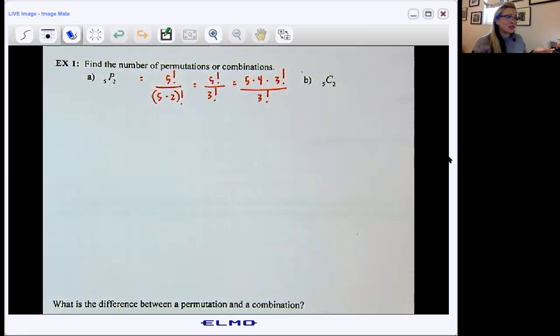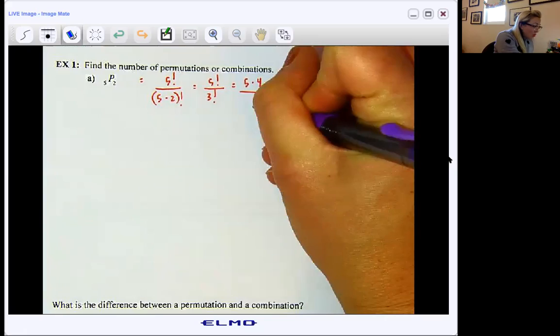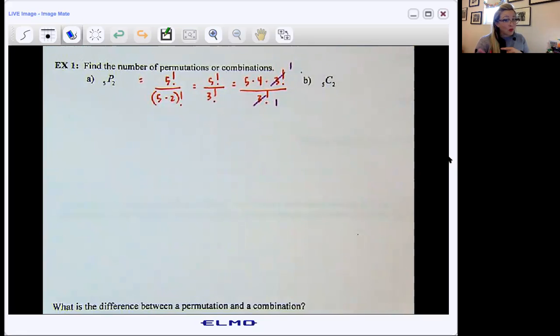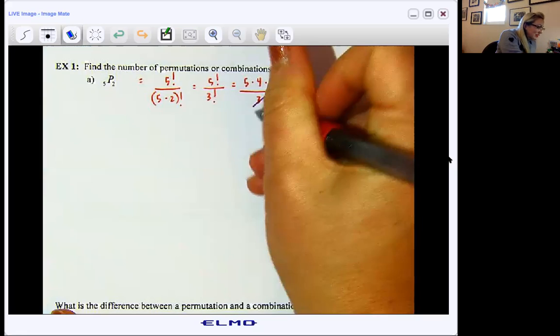I can write that out as 3, 2, 1, that's fine. I'm just using that 3 factorial as a time saver. So if I see 3 factorial over itself, that just reduces to 1. So it's really just 5 times 4. And that makes sense, right? I have 5 students who could be my leader. And once I filled that slot, now I have 4 that can be my recorder. So 5 times 4 would get me 20.